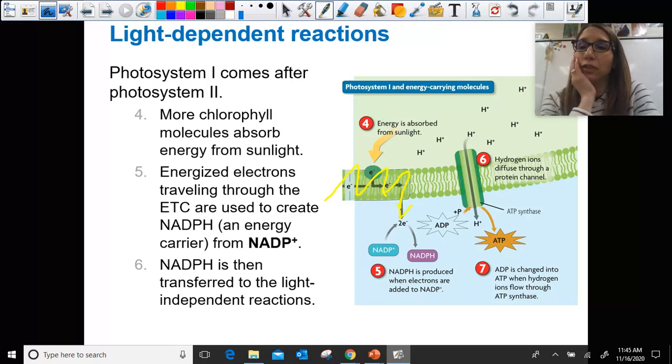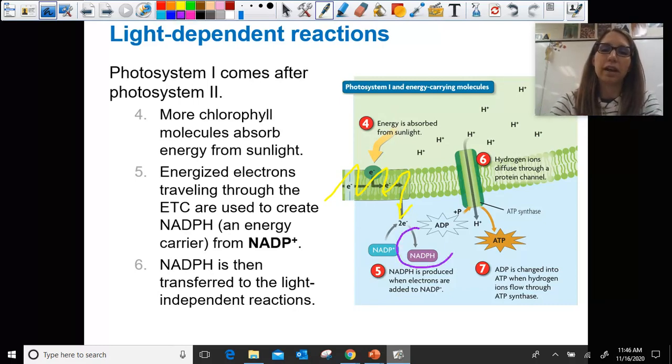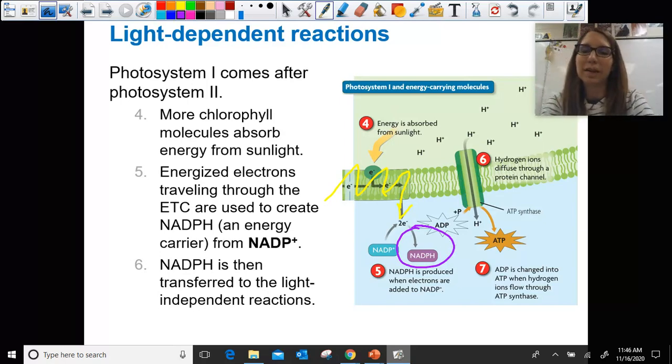They can't just float around in a cell without interacting with something else. So those energized electrons bounce through those ETC proteins until they eventually reach the end. And at the end, they're used to create this molecule down here, which is called NADPH. So my 2 electrons get added to NADP, made into NADPH.